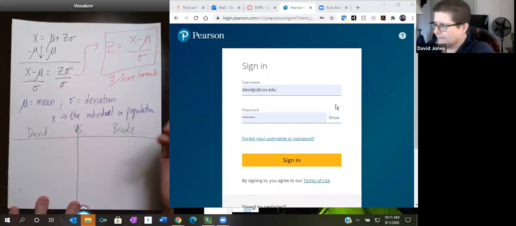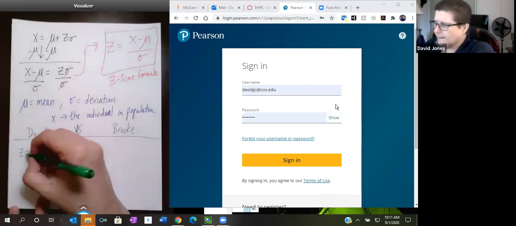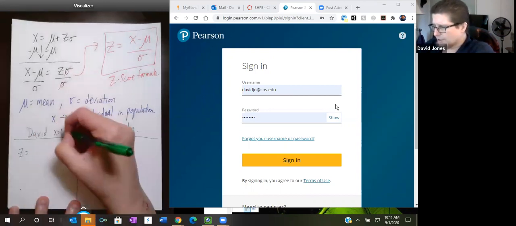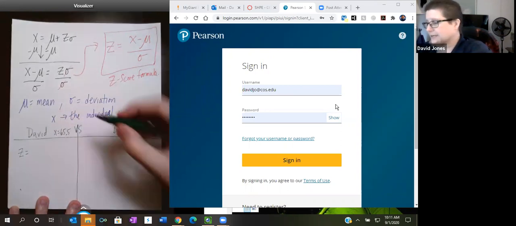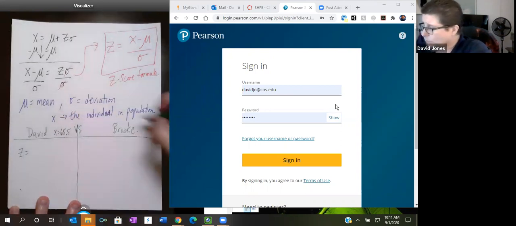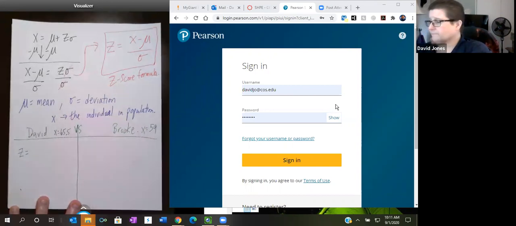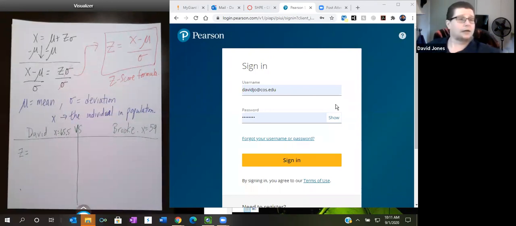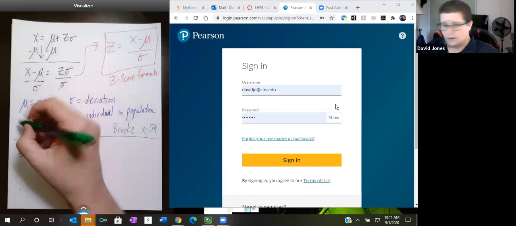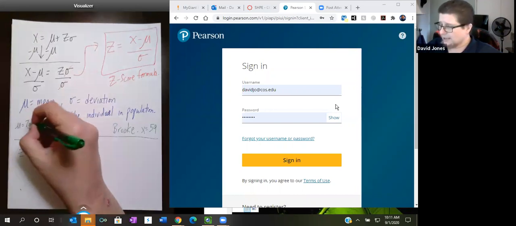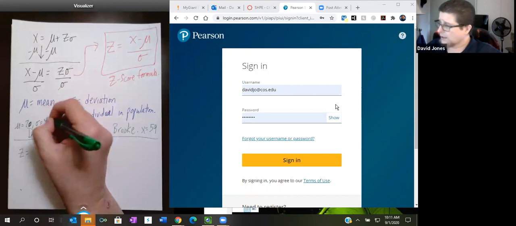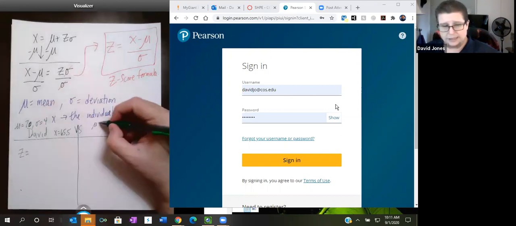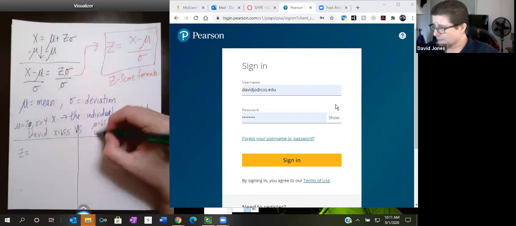So for me, my height, I had x equaled 65.5. That was my height. And Brooke had x equaled 59. And what were the values for these? For guys, mu was 70 and sigma was 4. And for girls, mu was 65 and sigma was 3.5.